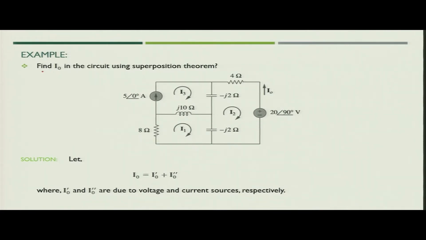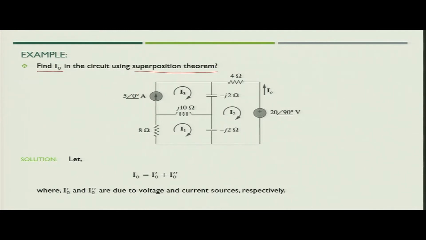Now, in this particular example we need to find the value of I naught with the help of the superposition theorem. I naught is the current flowing from the voltage source. The voltage source has magnitude 20 angle 90 degrees, and we also have one current source, that is 5 angle 0.